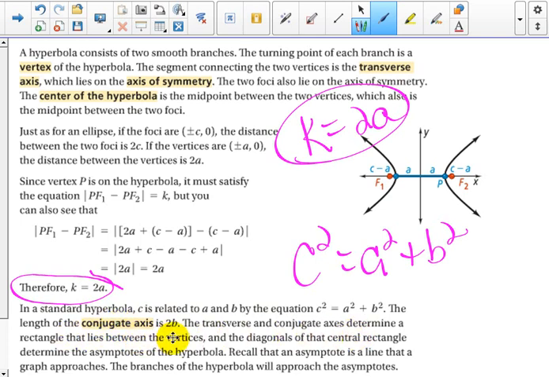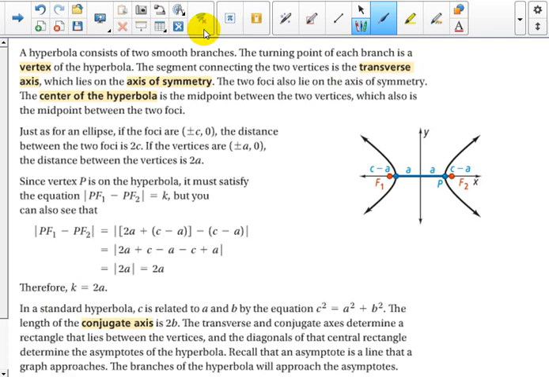The length of the conjugate axis is 2b. So the conjugate axis is this one, right? So if this is our transverse, the transverse is the one that runs through the foci and our axis of symmetry. Then the one that runs perpendicular to that is called the conjugate axis.